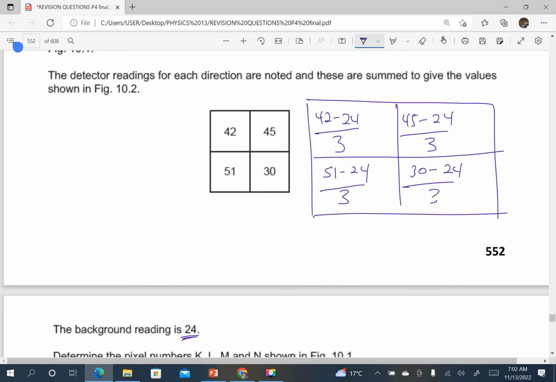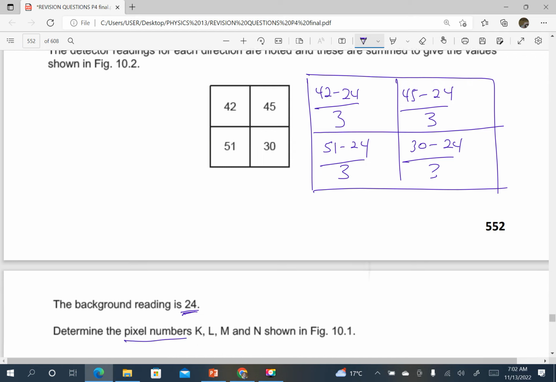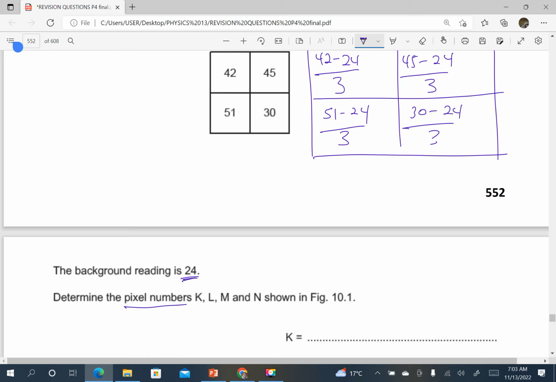So for K, it is 42 minus 24 divided by 3, that is 6. Then L is 45 minus 24 divided by 3, which is 7. M is 30 minus 24 divided by 3, which is 2.